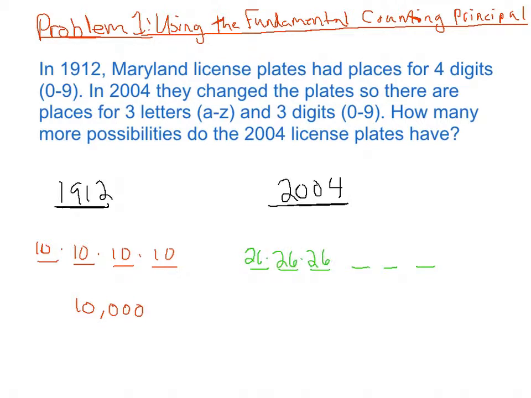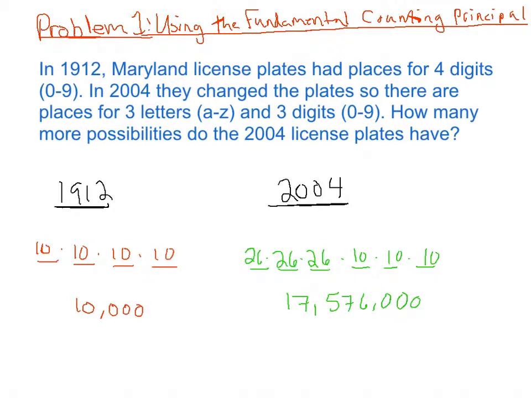Again, the second doesn't depend on the first, the third doesn't depend on the second. So in each one we can choose A through Z, so there's 26 different options in each. And then the 3 digits all have 10, so we're going to multiply all of those as well. When we multiply those all together, that would give us 17,576,000.